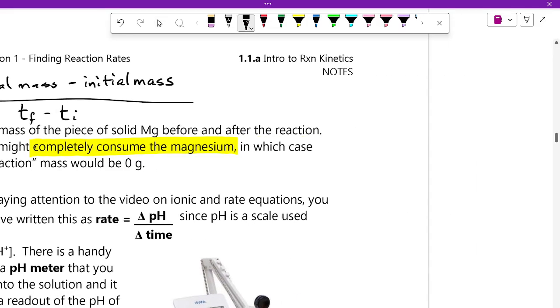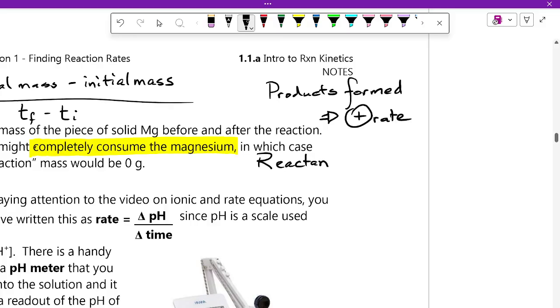So products formed gives us a positive rate. Reactants consumed gives us a negative rate. But if you make your rates all positive, I will not get mad at you. Okay?